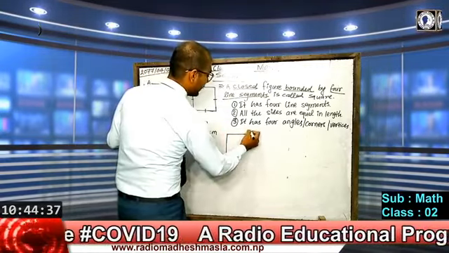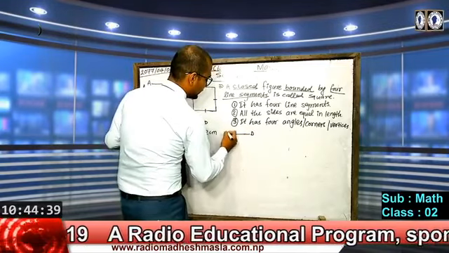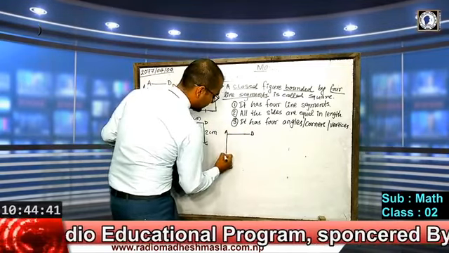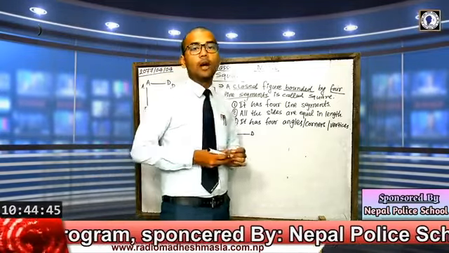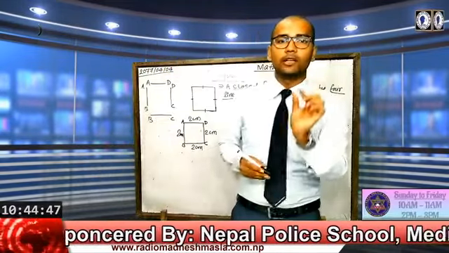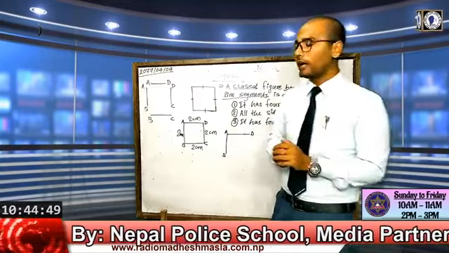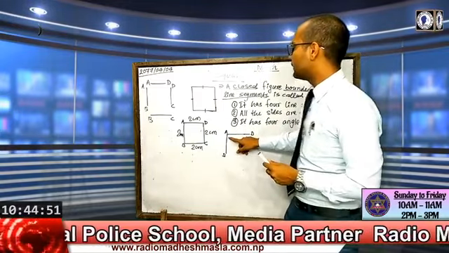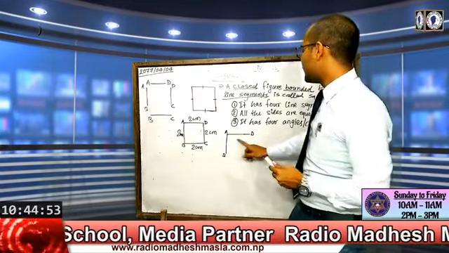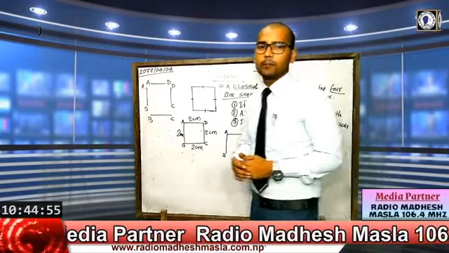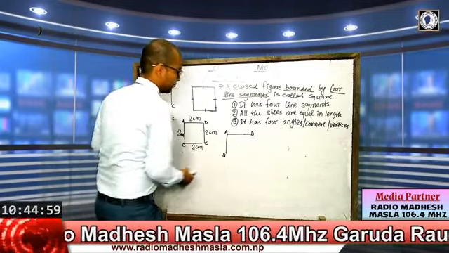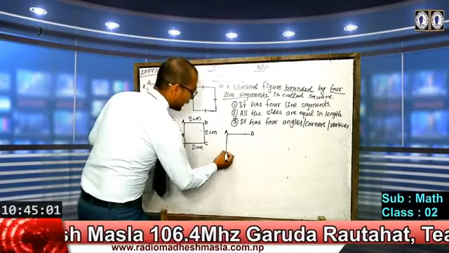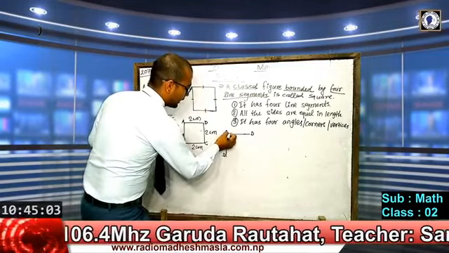The meeting point of 2 line segments is known as a vertex, corner or angle. Here, joining 2 line segments forms 1 angle.